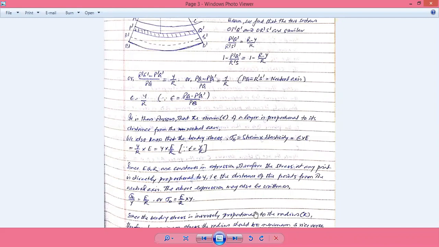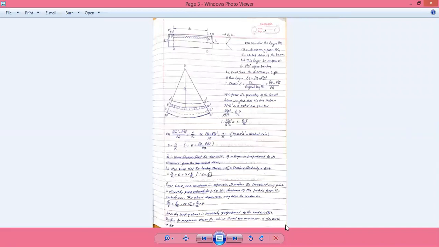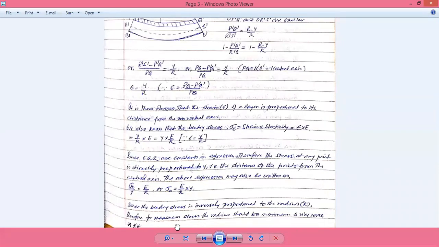So the above expression we also write as sigma b by y is equal to E by R, or sigma b is equal to E by R into y. The bending stress is inversely proportional to the radius R. So for maximum stress, the radius should be minimum, and vice versa.